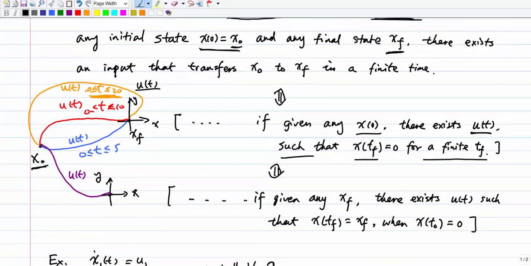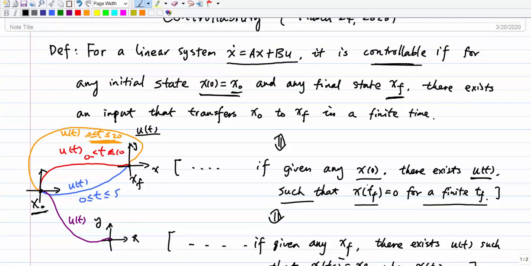Similarly, the linear system is controllable if, and this is also equivalent to the statement that, given any xf, there exists a u(t) such that x(tf) is equal to xf when starting from x(t0) equal to 0. It's also equivalent to say, I'm going to start from 0, because you can shift your coordinates from the initial point from anywhere to anywhere else as long as you make the corresponding change to the final state. That's why these are three different conditions that are the same.